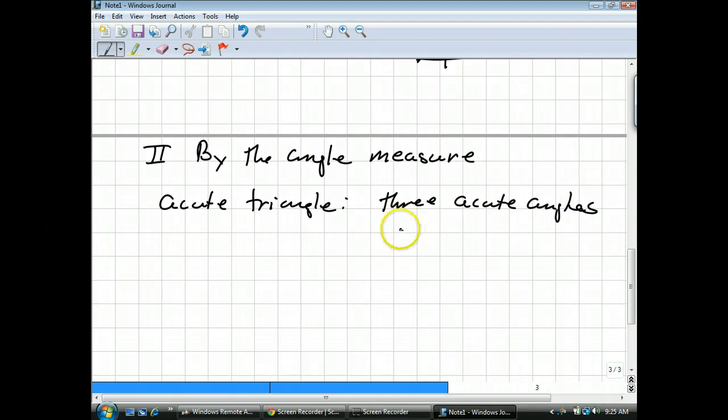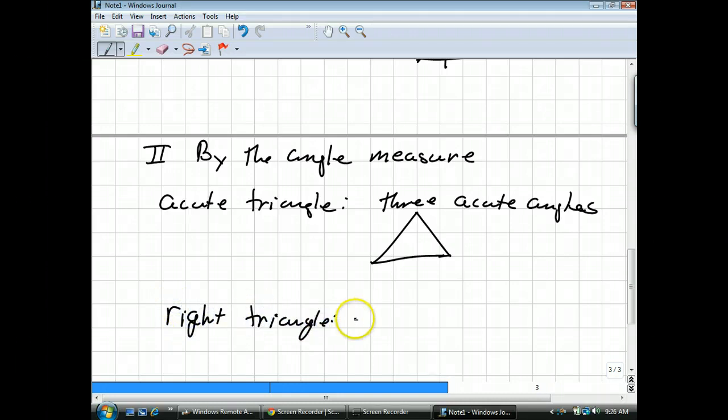Okay, so all angles are less than 90 degrees. Okay, so it's an acute. Then we have a right triangle, and a right triangle has exactly one right angle.